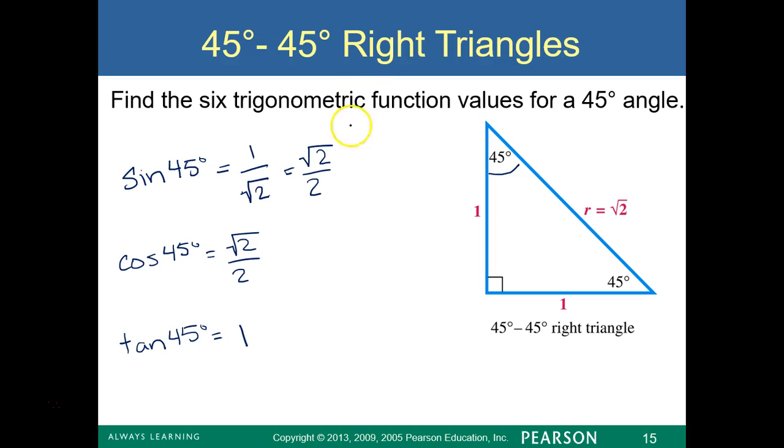Now find the cosecant, secant, and cotangent values. Cosecant of 45, remember the reciprocal of this value right here, which is the square root of 2. Secant is going to be the same thing.